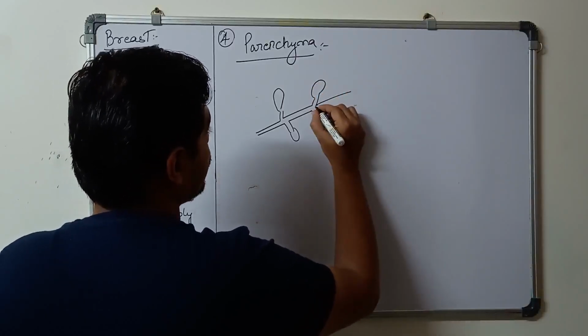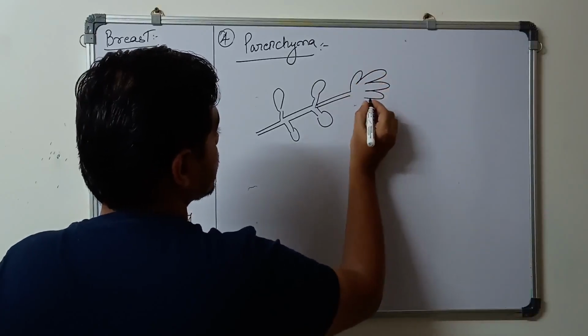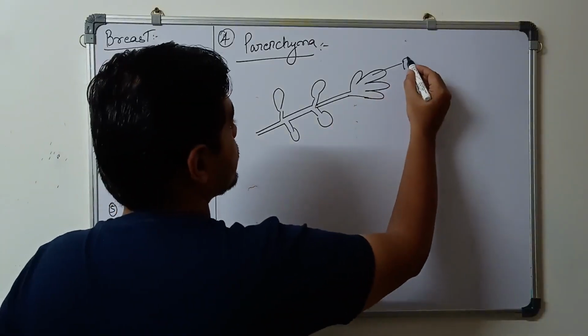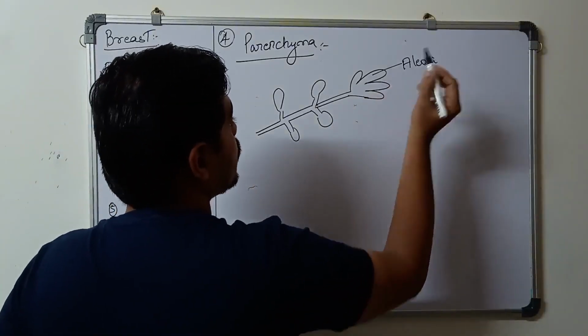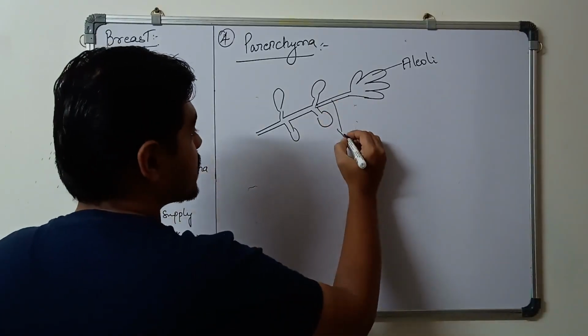There are multiple alveoli. Now, these are called as alveoli, which are the actual milk producing tissues, and these are the ducts which drain them.